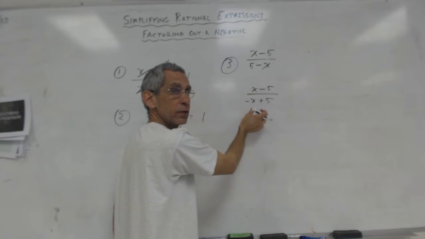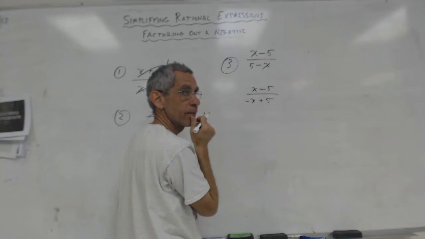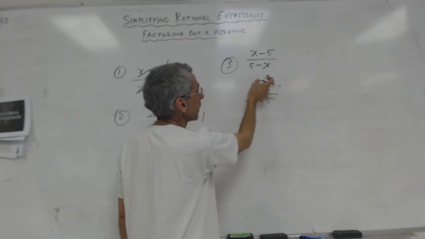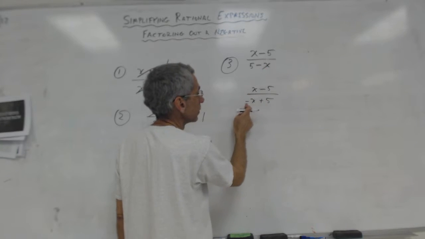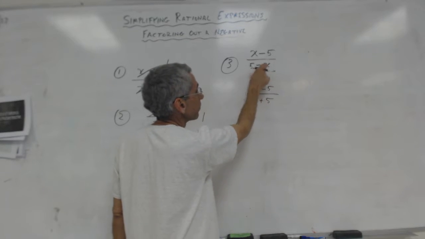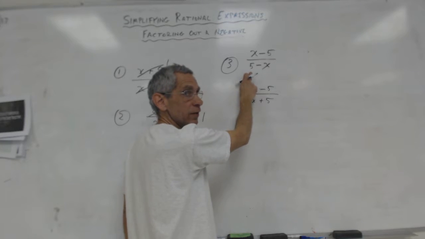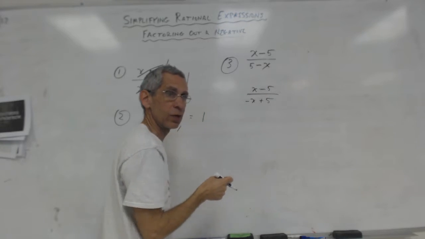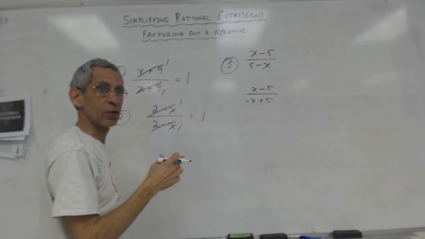But then you could just switch it to x minus 5, x minus 5. No, I can't do that because I have to keep the negative with the x. I can't just flip these and have suddenly a positive x and a negative 5. It's a totally different thing. It doesn't work.